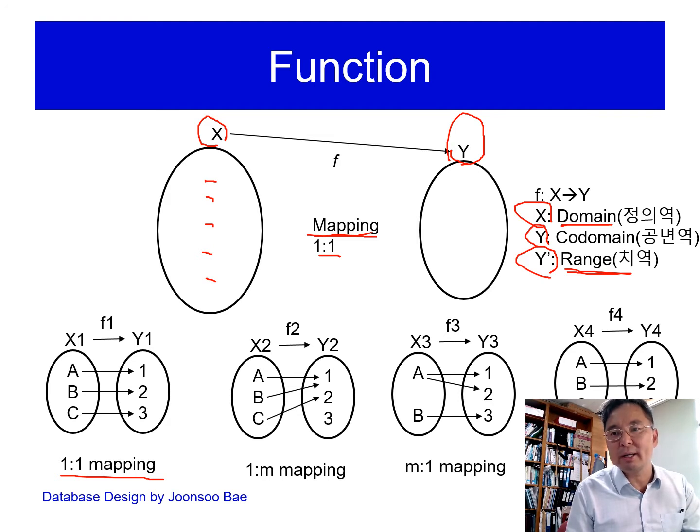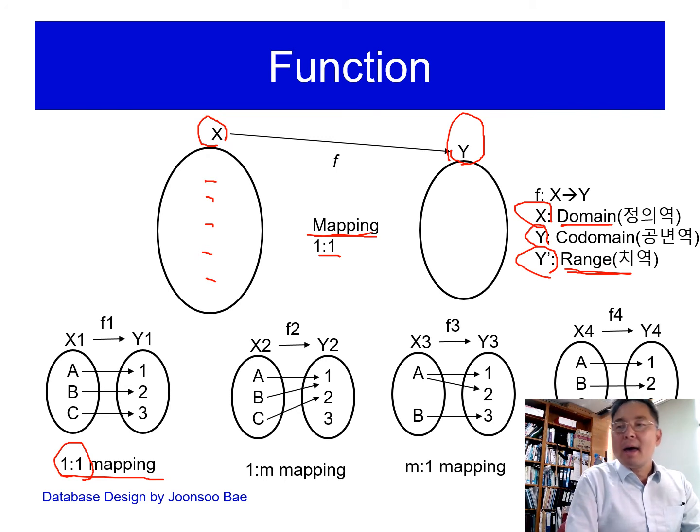So A will map to 1, B will map to 2, C will map to 3. Each element will be mapped to only one element in the range set. In that case, it is called one-to-one mapping.